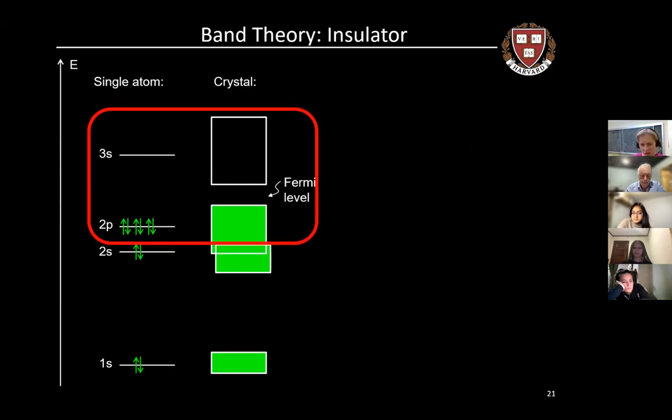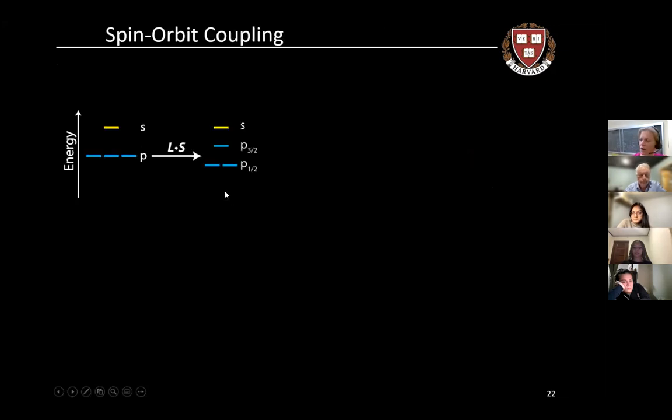So let's zoom in on this band gap here. And again, we're looking at an energy axis here, and let me revert to the language of the individual states of the atoms. Let's suppose we have a p level, and then we have the next orbital out, s level. If we turn on spin orbit coupling, so if we let the magnetic spin of the atom interact with the orbital magnetism of the atom, then we get a splitting of these three degenerate p bands.